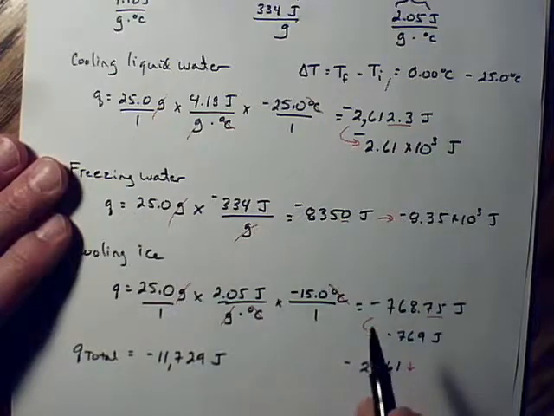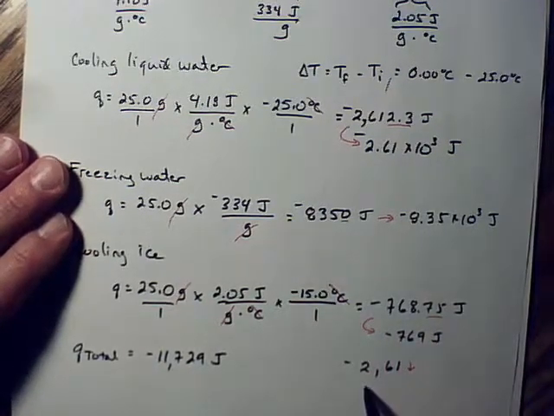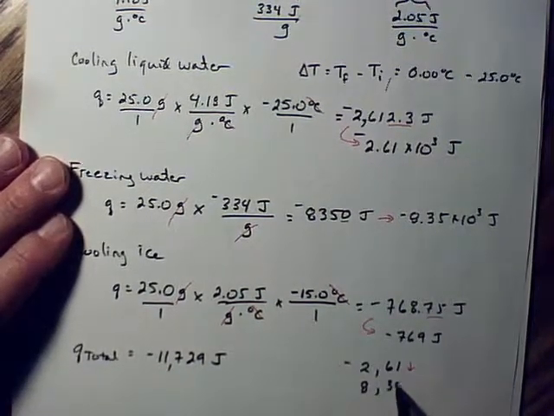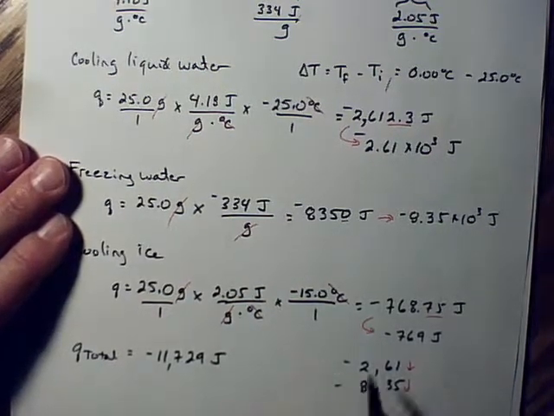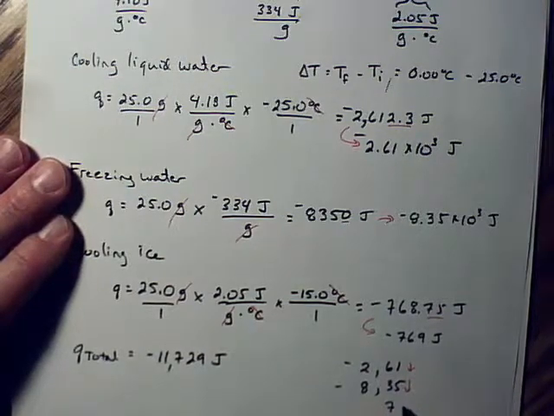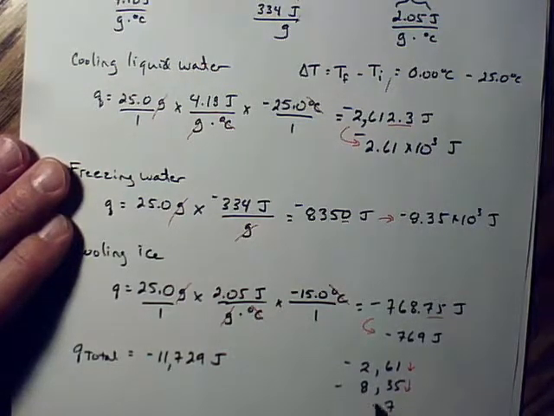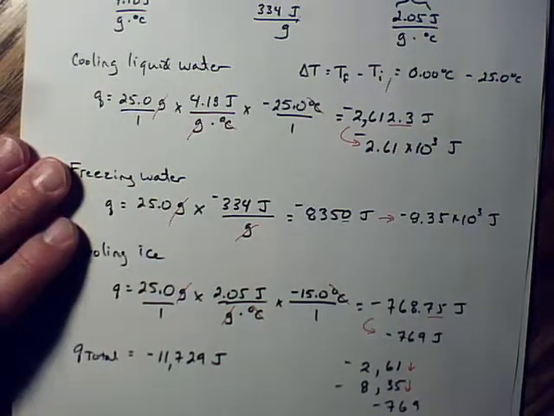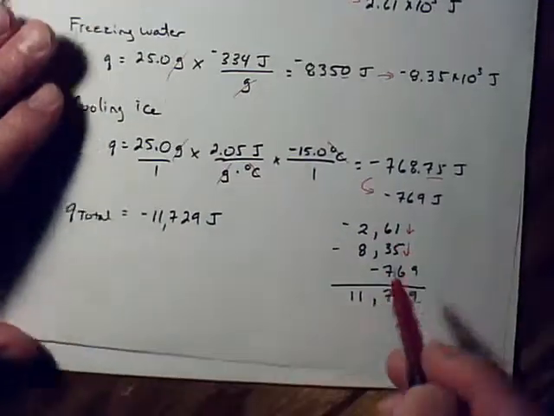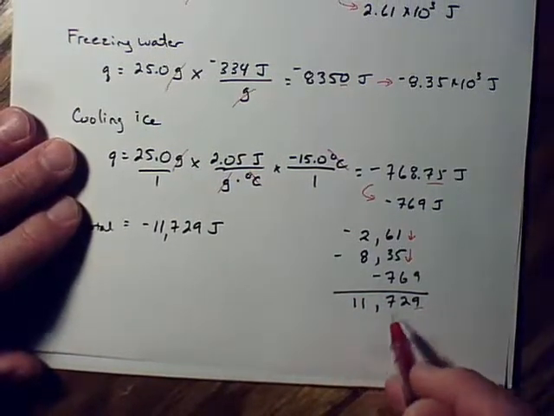I'm going to add that to this negative number here, which started out as 8,350, but that 0 had to go away, so that's an empty slot. And this last number doesn't have anything removed from it, negative 769. We're adding all these together, and we get 11,729, but that last digit has to be rounded off because there are empty slots up here. Does that make sense now?